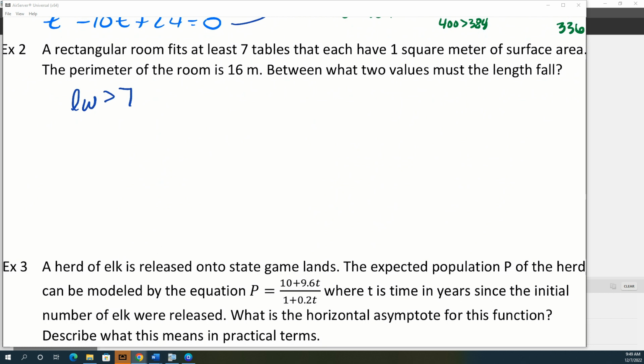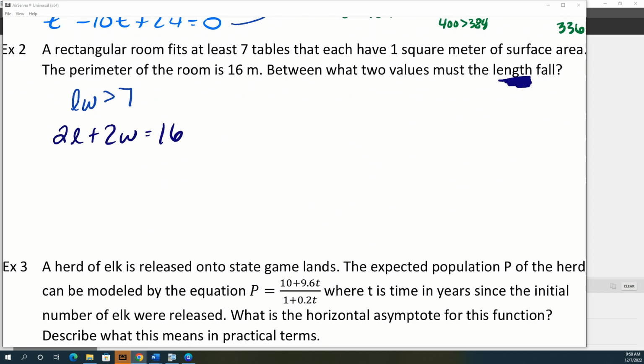All right, and then what's the perimeter formula? And we know the perimeter of this room is 16, so 2L plus 2W is 16. Now, the answer to the question is all about the length.